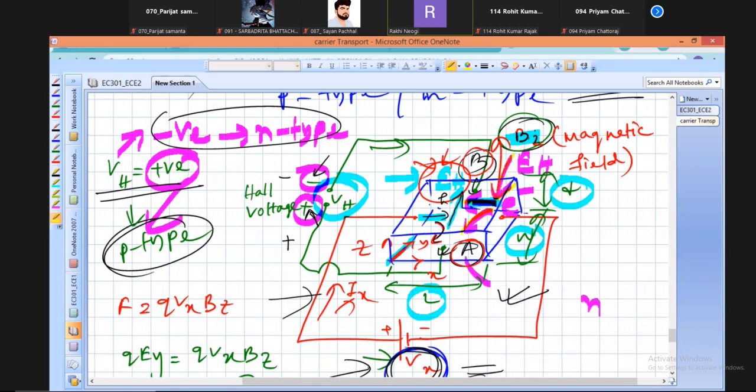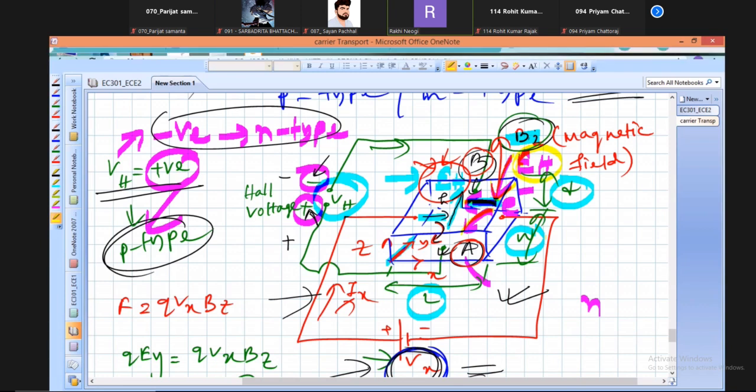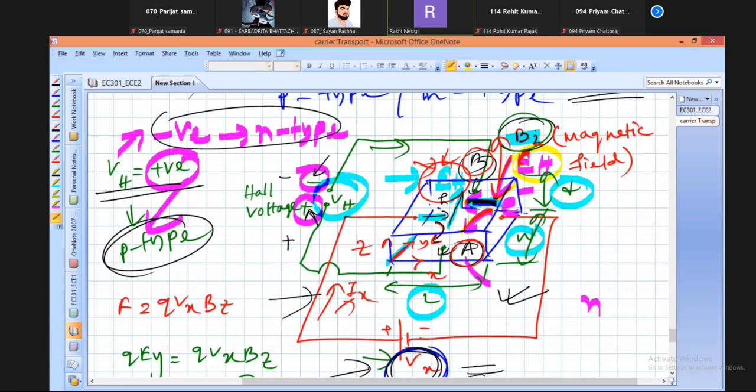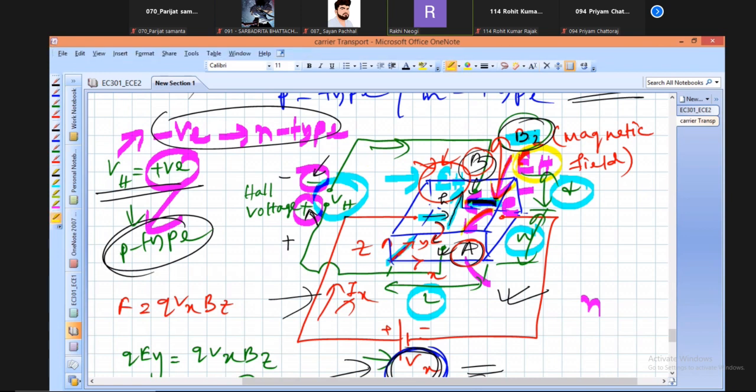I already mentioned this is the developed electric field. Developed electric field here I also mentioned by A. According to the reference, we can consider it, but in this case it is opposite to that. That means the voltage is negative.